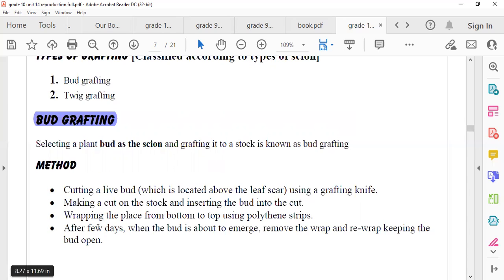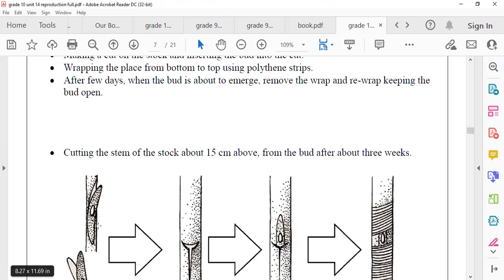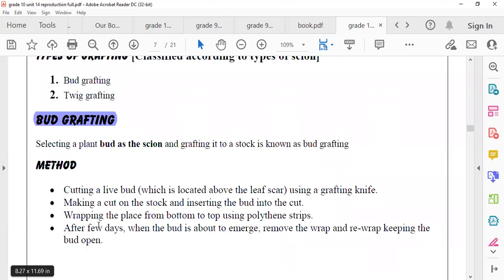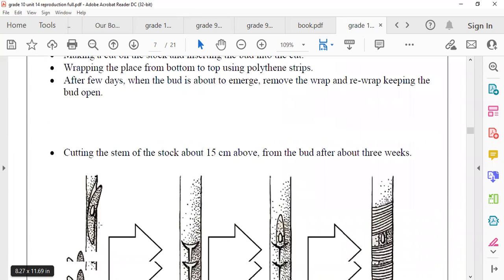We peel out the live bud with the bark and clearly insert it into the stalk's bark, tie it with a polythene strip, cover it, and keep it for around 30 days, and neatly it will fix. After that, you will get a new plant from it. So this is the note, you have to complete that.